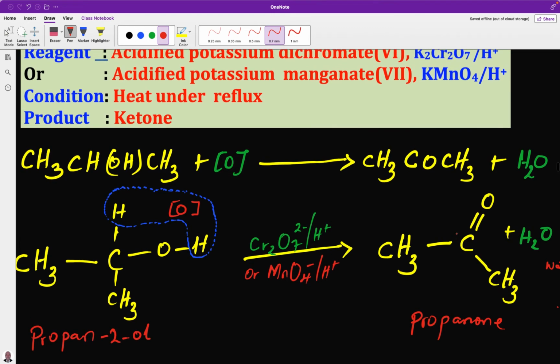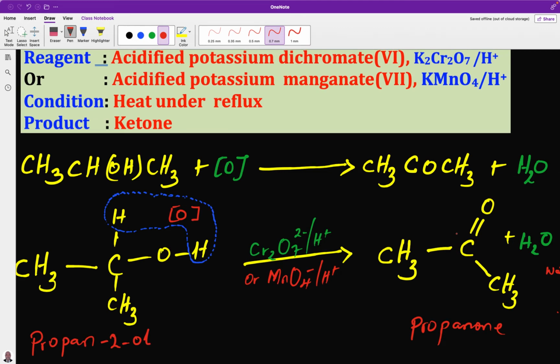As I earlier said, our reagent is acidified potassium dichromate 6 or acidified potassium manganate 7. All these solutions are heated under reflux. You can use any of them; either is suitable for this oxidizing process.